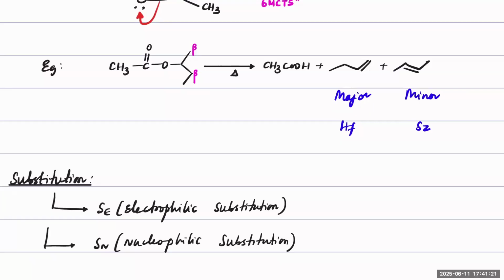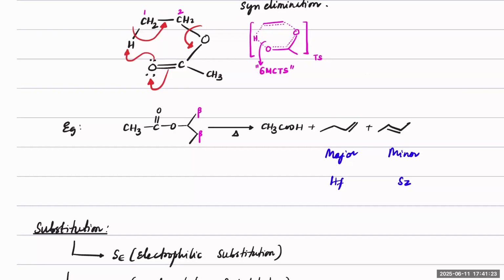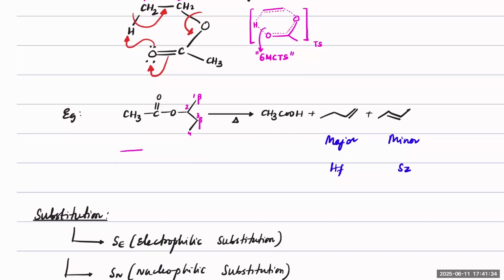Now why that is happening, you notice in these two structures here. Suppose I write this particular structure here, and I put the numbering here 1, 2, 3, 4. So this is carbon 1, this is carbon 2, and carbon 2 has an ethyl group here like this, and that is connected with oxygen.